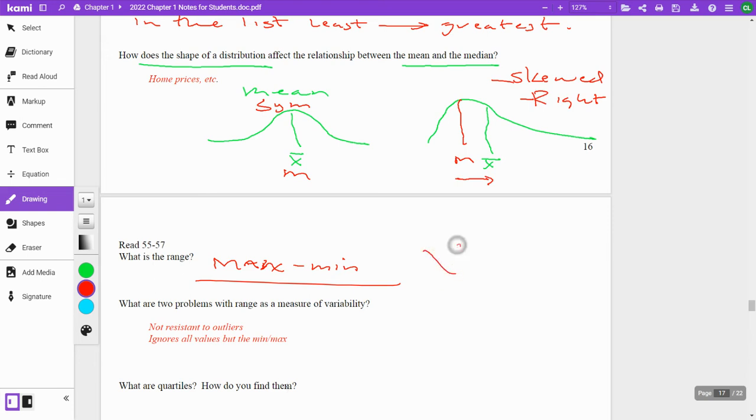We don't use this really ever, so what are the two problems with it? It is definitely not resistant to outliers, okay? And it ignores all the values but the minimum and maximum. So you can have data points like this in the middle, and then you can have one way over here and one way over here, and that is how you get the value, and it ignores everything in the middle. So we don't like that for a measure of spread.